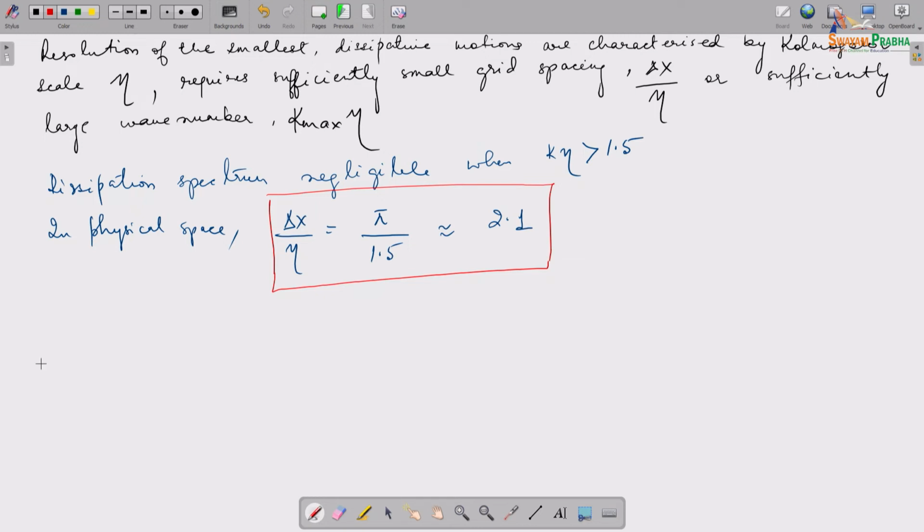Before I do this, let me also talk about the Reynolds numbers, because this is highly dependent on the Reynolds number. The higher Reynolds number that you need to get up to will also determine the size of your domain and essentially the computational cost.